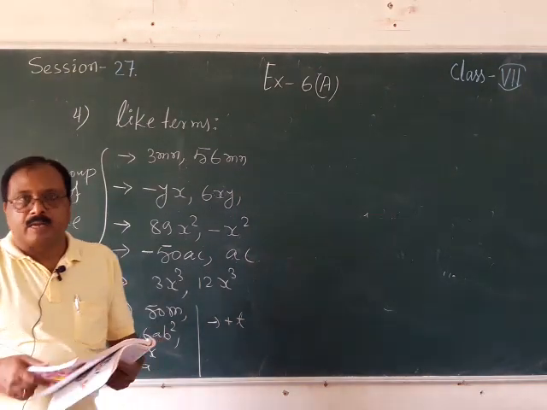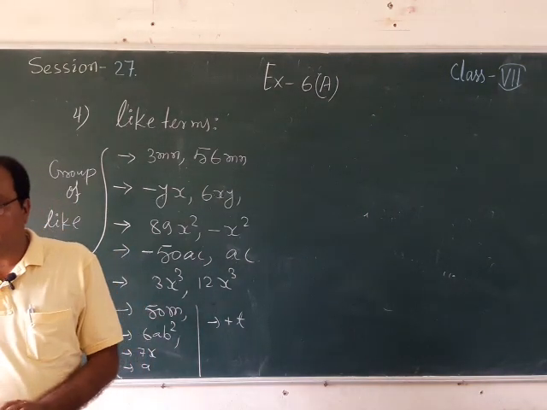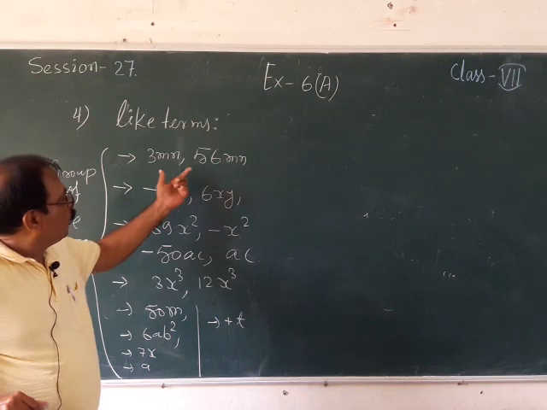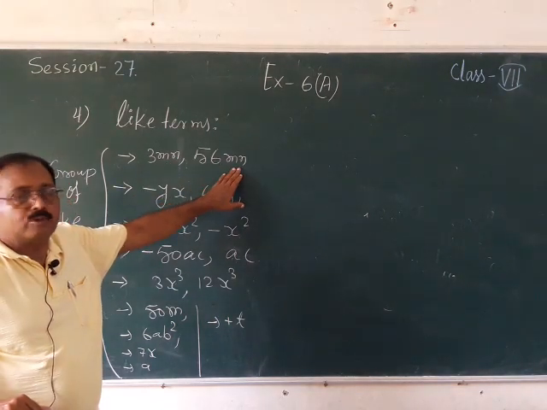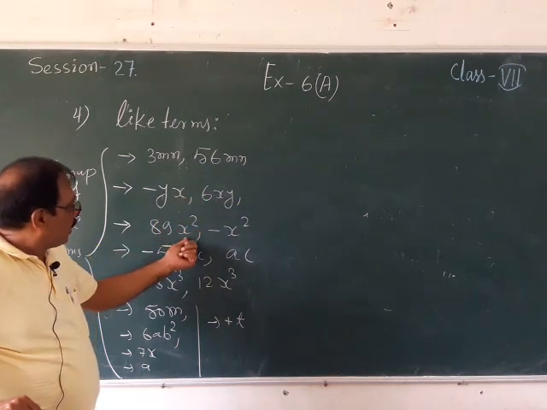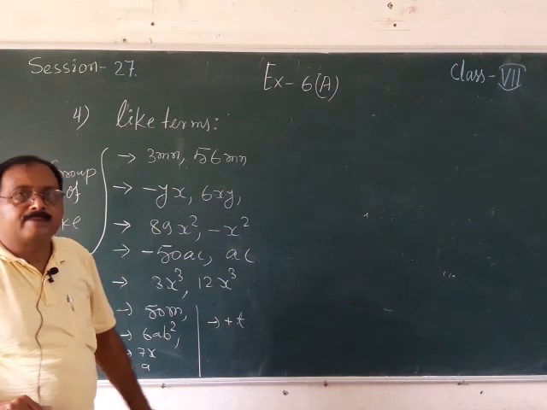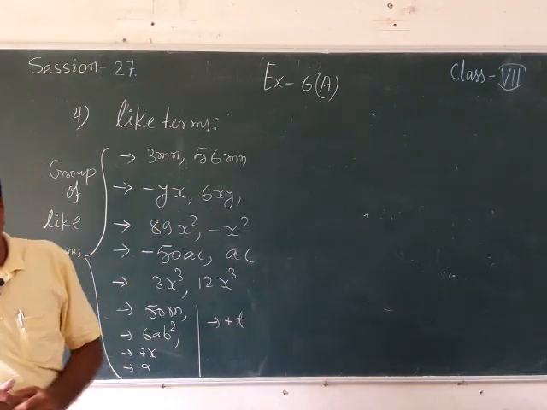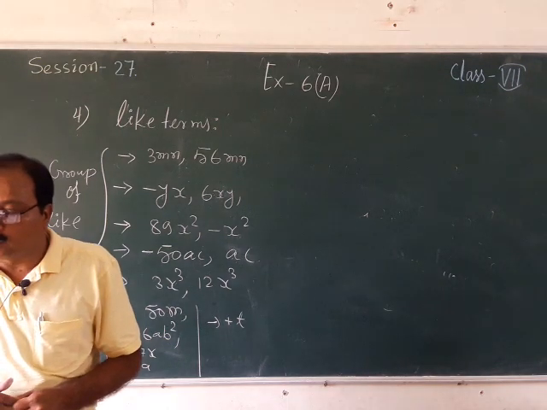In the given list of terms, I have selected the like terms and tried to make groups of like terms. As mn is there, then mn with mn, both are like terms. Yx with xy is a like term, x square and x square is also a like term. So like that you can make groups of like terms to write the answer of question number 4.